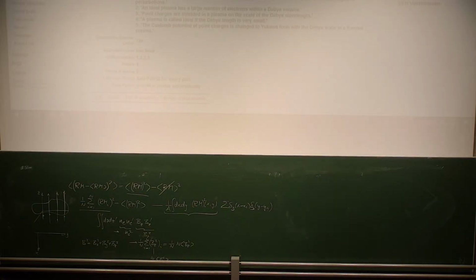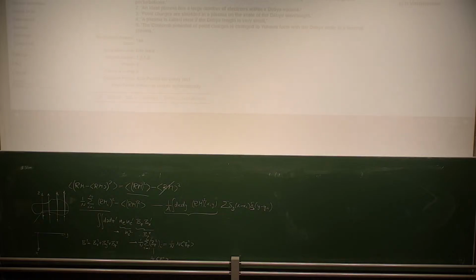Then the dispersion relation for ordinary sound waves would give you the wavelength of sound waves in the plasma. And that has nothing to do with the Debye wavelength, because this just depends on density and pressure. So that was the idea behind that.